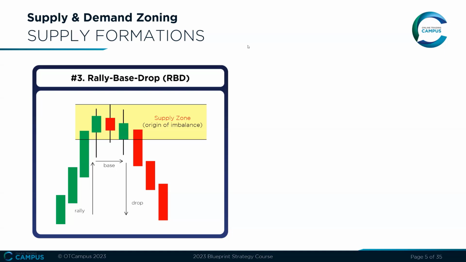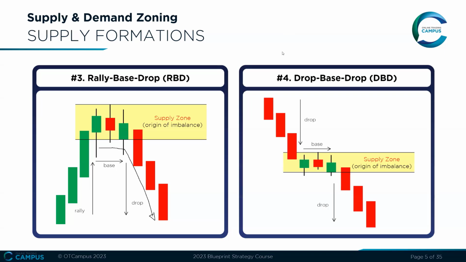Now, important here is again the base as well as the decline. That will be the most important for us. Next, we have a drop-based drop, and the drop-based drop is also, as the name suggests, a drop, and a base in price, and then it's a continued drop.